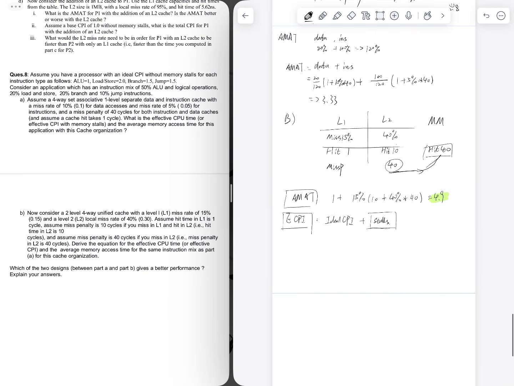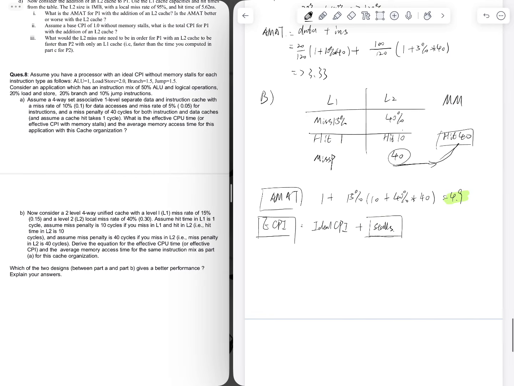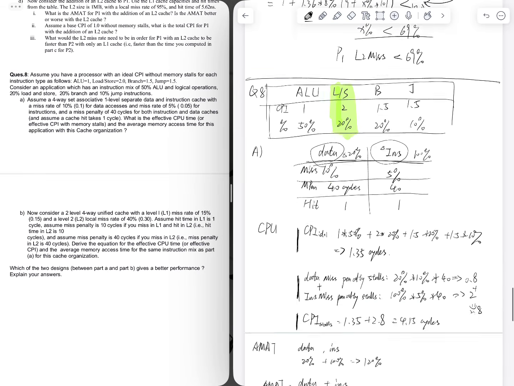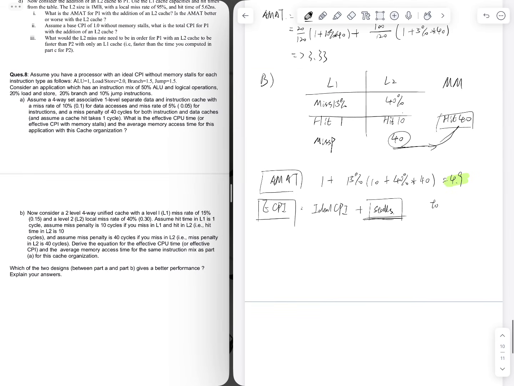So let's talk about the stalls here, right? Stalls actually means the main memory stalls from the instructions. But since we will fetch for data and instructions, total is like 120%, and how many is for instructions is 100%.